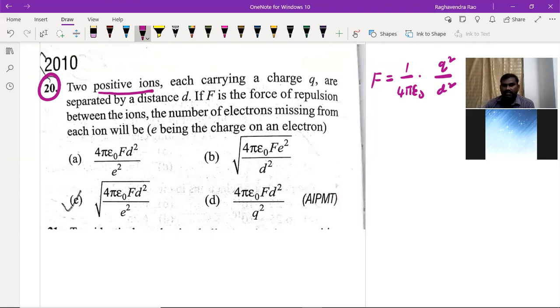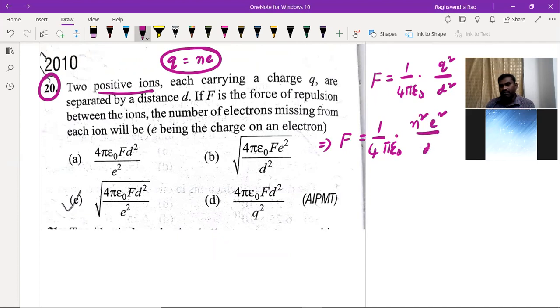So from the quantization condition, we can write Q is equal to Ne, where N is the number of electrons. So we can write F is equal to 1 by 4 pi epsilon naught, and in the place of Q we write N square e square by d square.